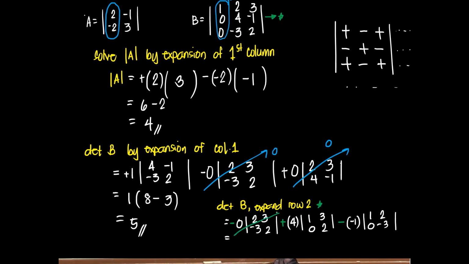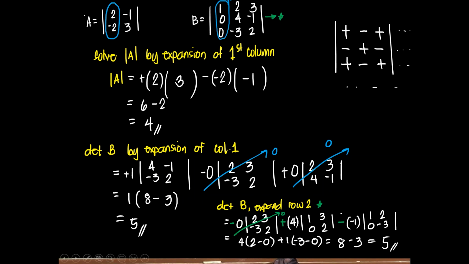That becomes 0 immediately. So this is 4 times 2 minus 0 plus 1 times 3 negative minus 0. So you have 8 minus 3 is 5.